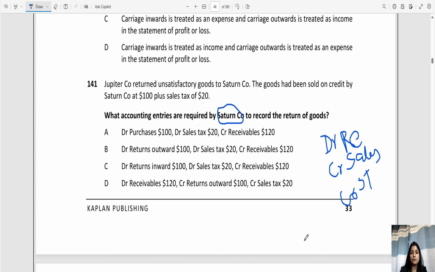So now Saturn Company has to book the sales return, right? For that they will debit sales return.